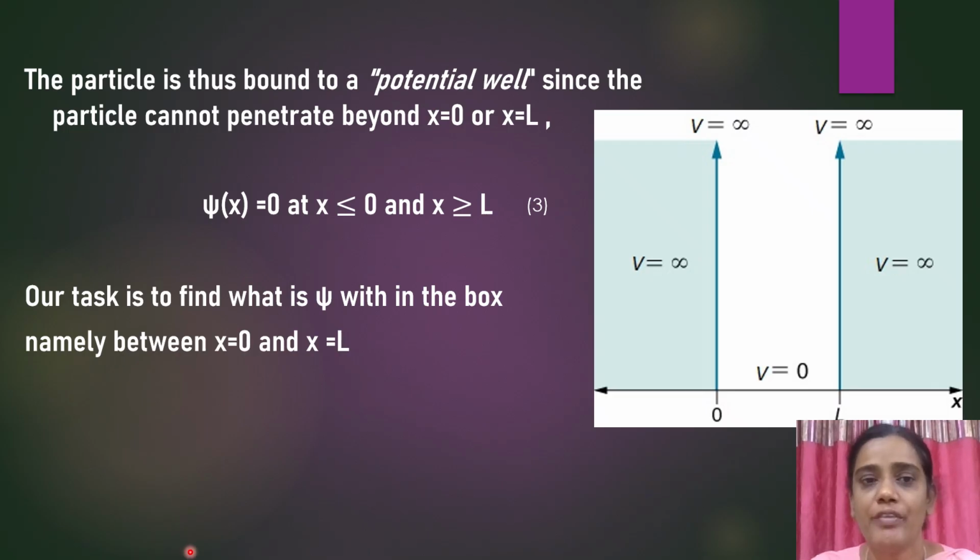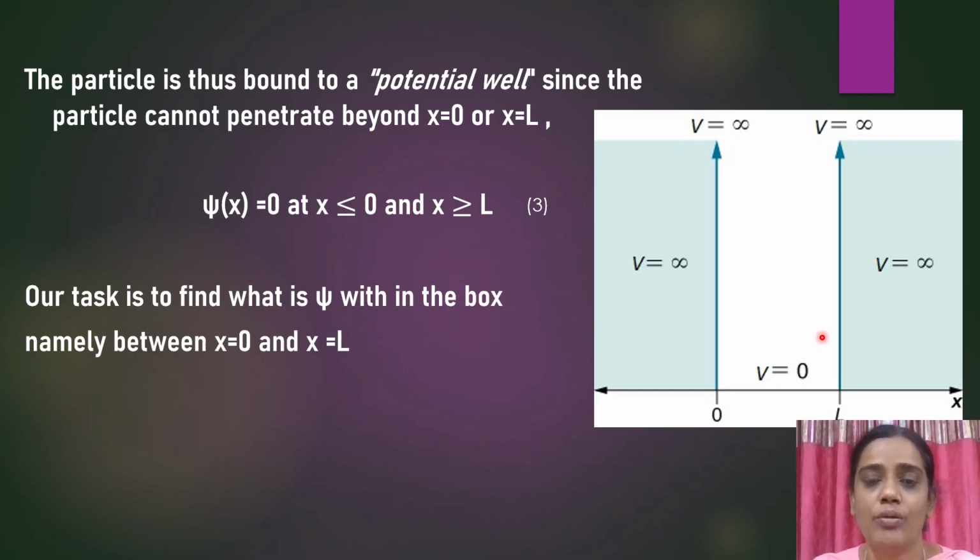Therefore, the wave function is equal to 0 at x less than or equal to 0 and x greater than or equal to L. That is, the wave function is 0 in this region, and at the boundaries, that is, at x equal to 0 and x equal to L. Now, our task is to find what is psi within this box, that is, between these two boundaries.